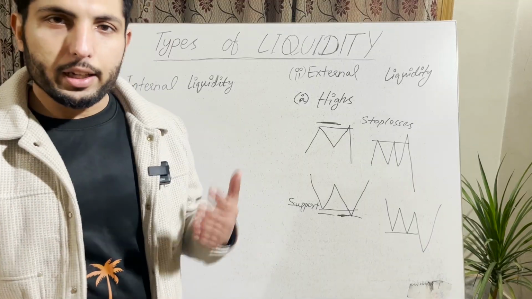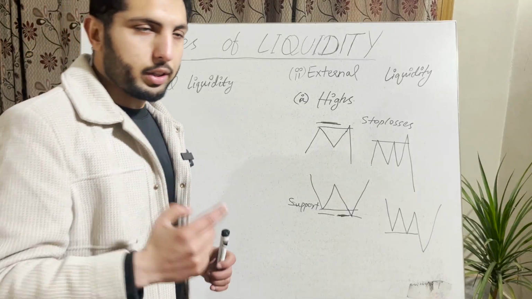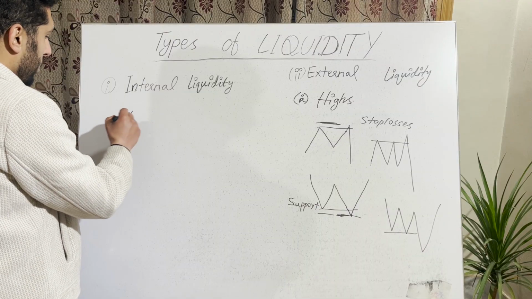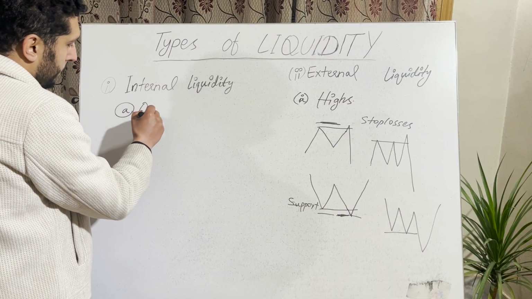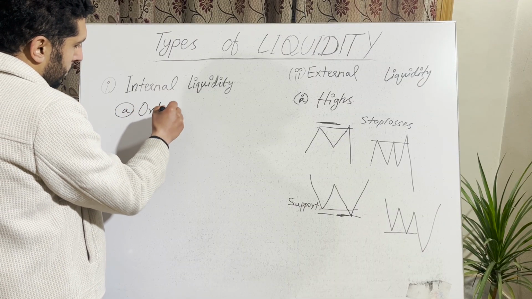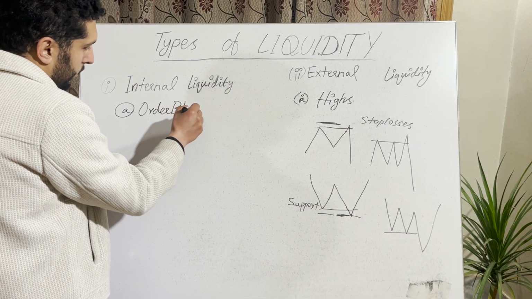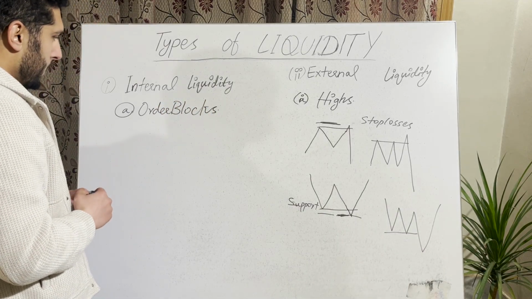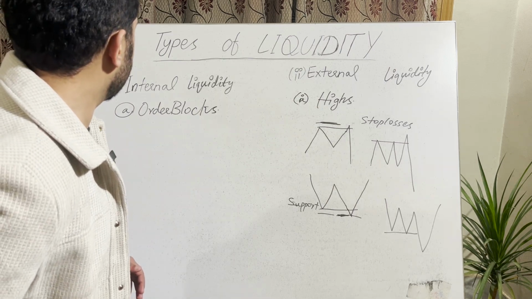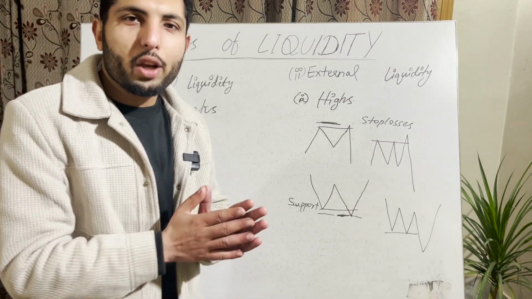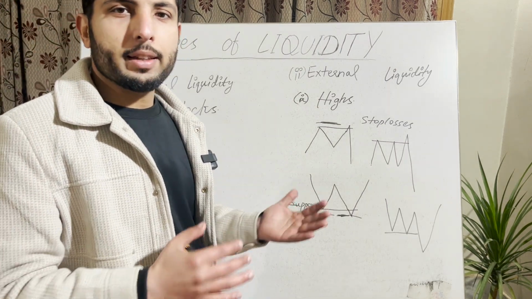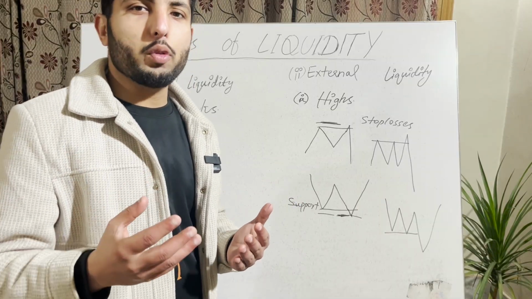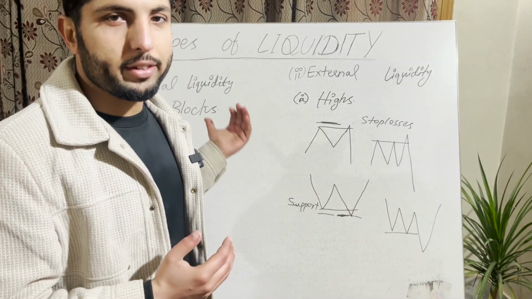In internal liquidity, the first thing is order blocks. Order block is such a vast topic that even if I start to explain it, it would take me hours to cover.